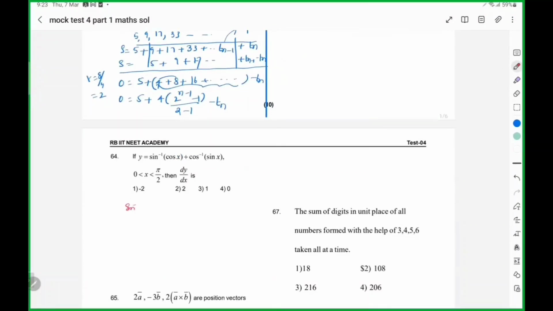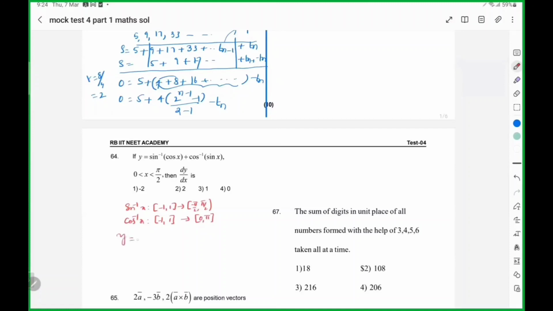Now, sine inverse X has a mapping from minus 1 to 1 onto minus pi by 2 to pi by 2. Cos inverse X has range 0 to pi.